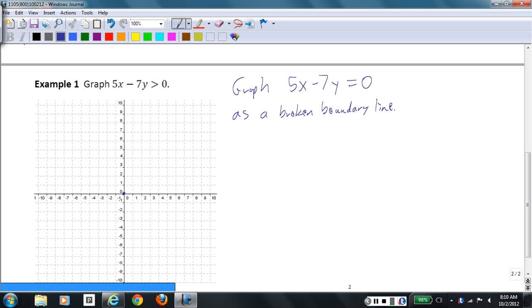Another thing we can do is just stare at the thing and hope an ordered pair occurs to us that might make it true. Any x's and y's jump out at you that might satisfy? I thought 35 would be the equal 35, so you do 35 minus 35, so 7 times 5, 5 times 5, and 5 times 7.